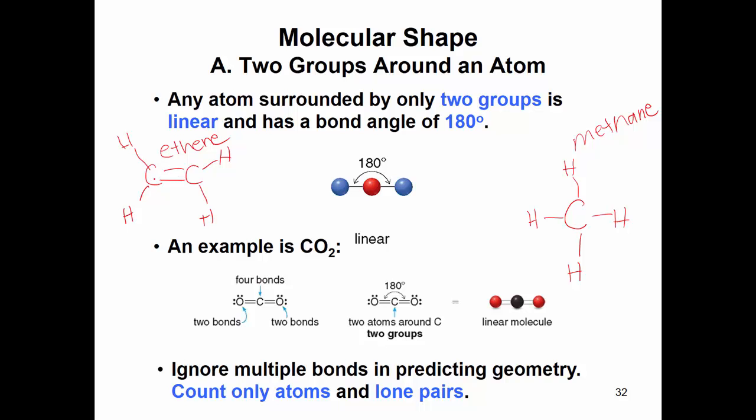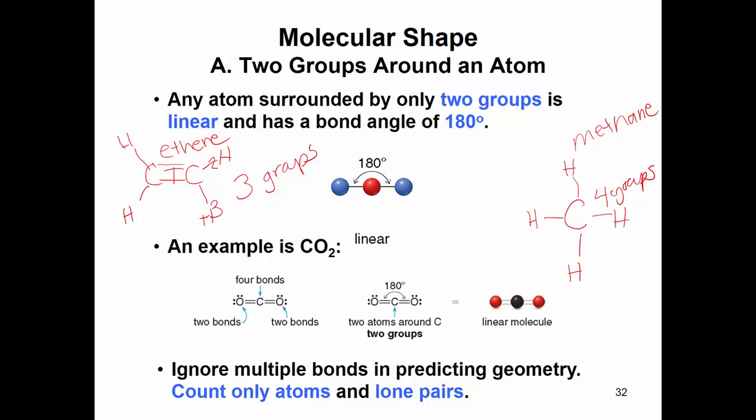It has 1 carbon over here connected. You do not count double bonds as another group, as 2 groups. It only counts as 1. So this is 1 group, 2, 3. You're counting the groups around the atom. So we have 3 groups, and here we had 4 groups. We're not looking at the number of bonds, we're looking at a group.